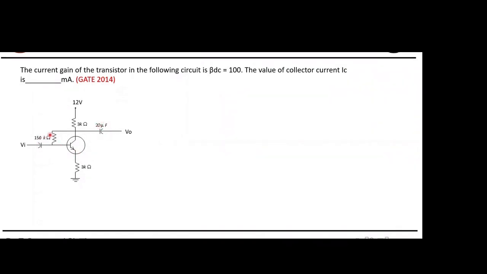Yes, sir. But you know the formula of the reactance of a capacitor, right? Xc is equal to 1 by omega c, right? So this is for DC. So in DC, omega tends to 0.